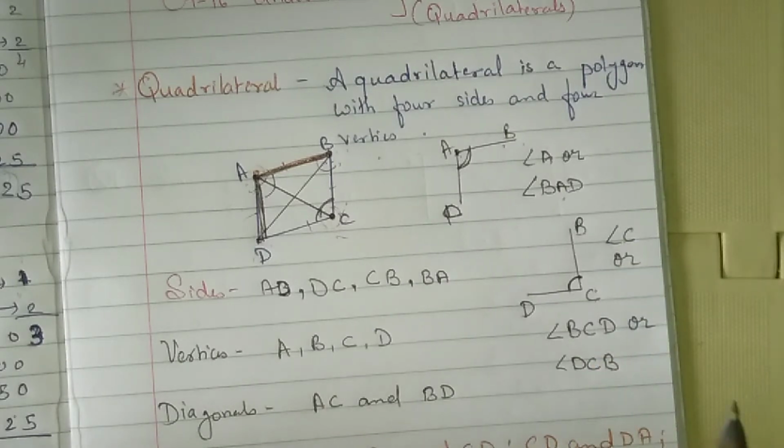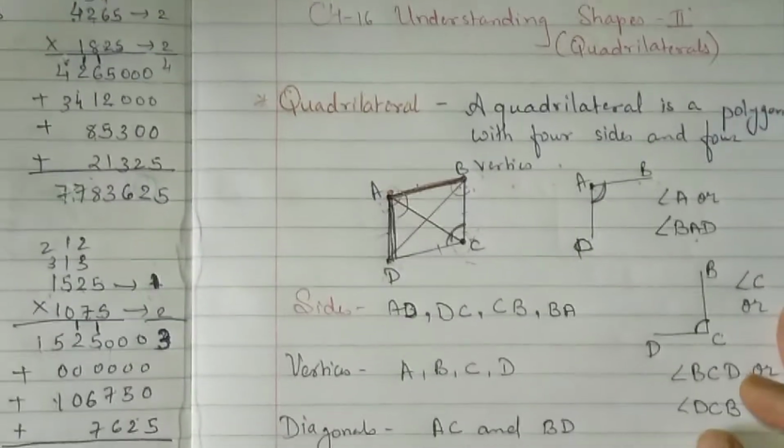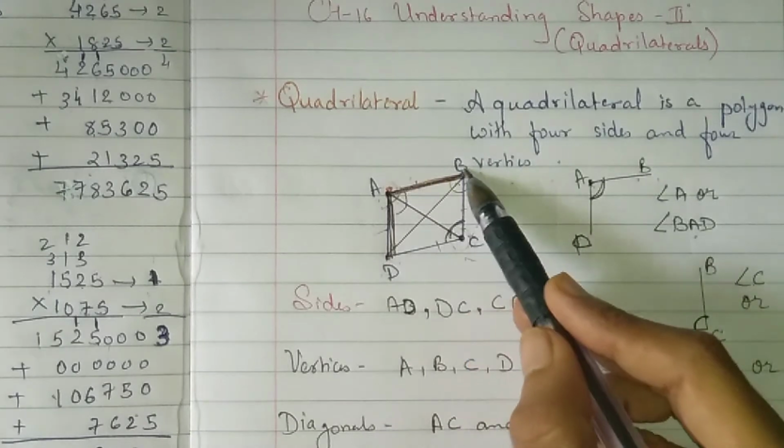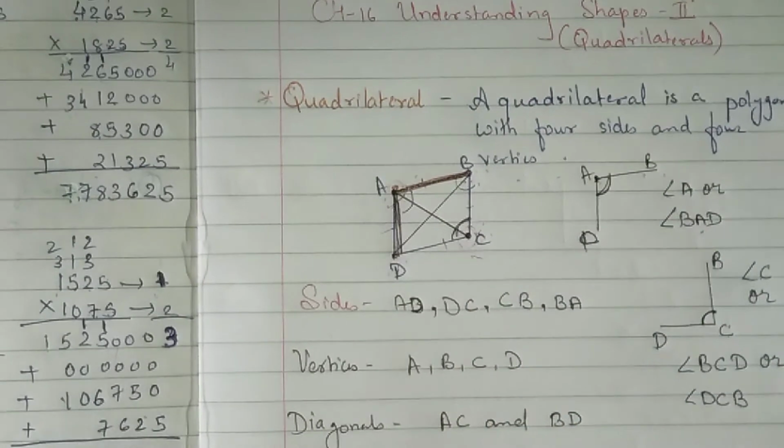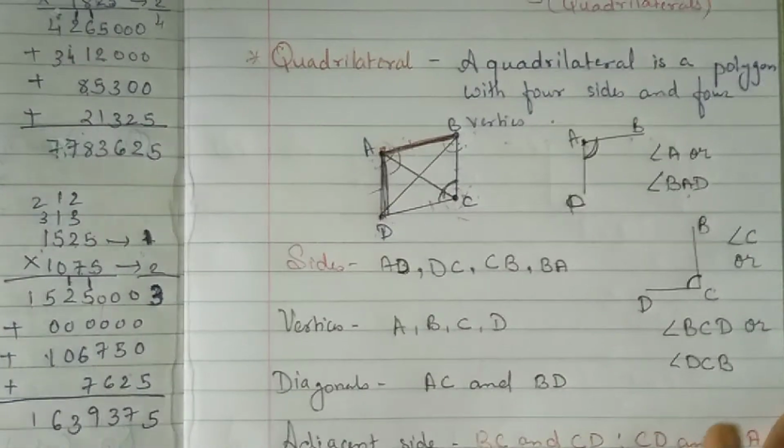Now we'll see how many angles are there in this. Angle A, angle B, angle C and angle D. Now opposite angles. First of all, I am writing here which angles are there.